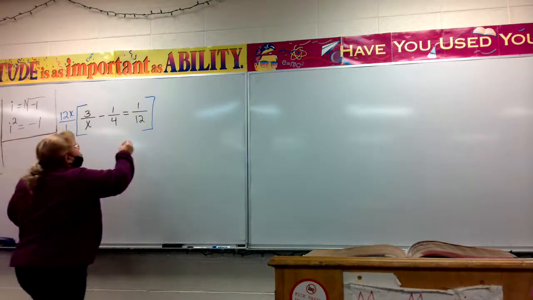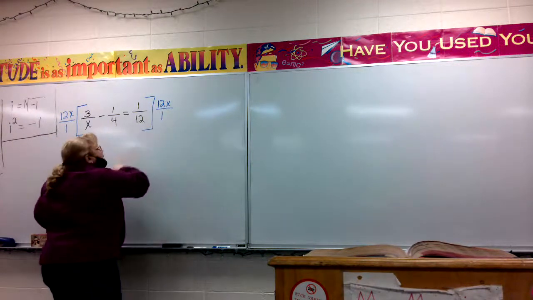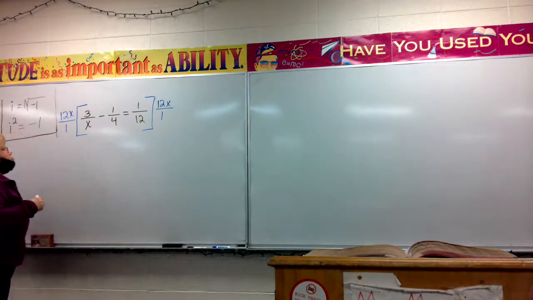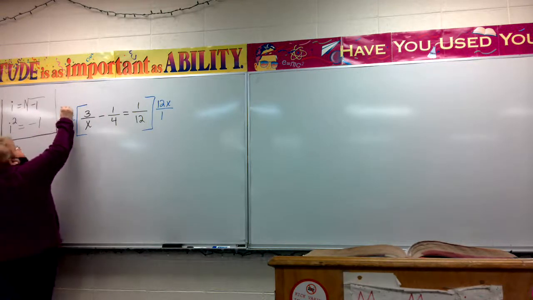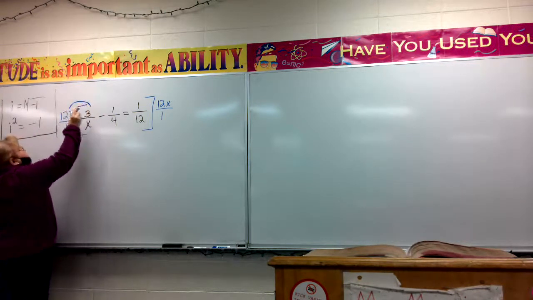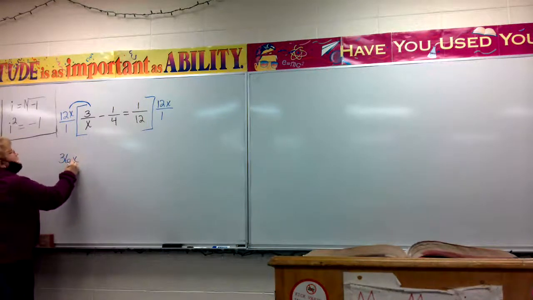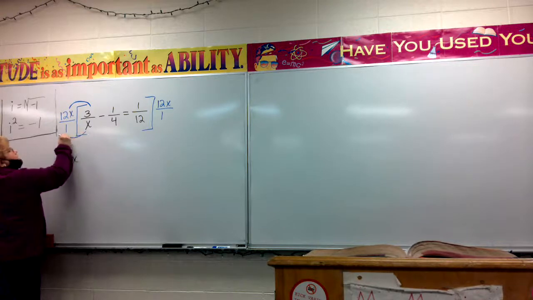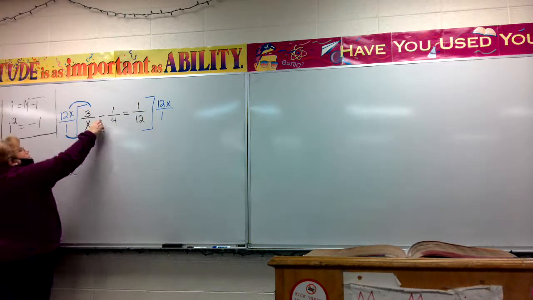And whatever you do to one side, make sure you multiply the other side by it. So we're going to multiply by 12x over 1. What do you get here? 12x times 3 is 36x. What do you get here? 1 times x is x.